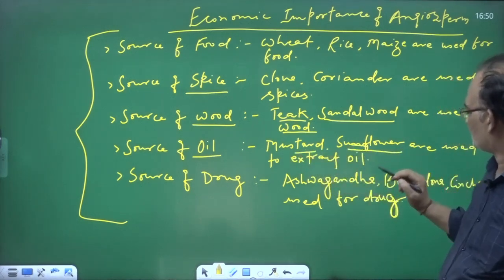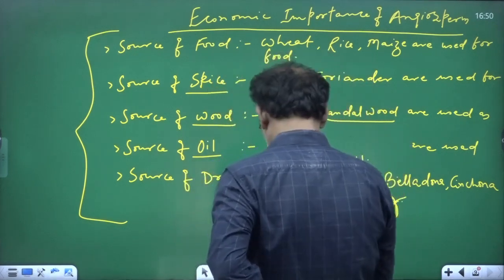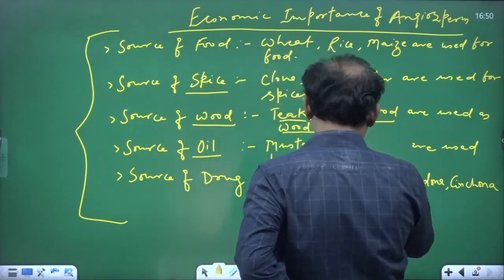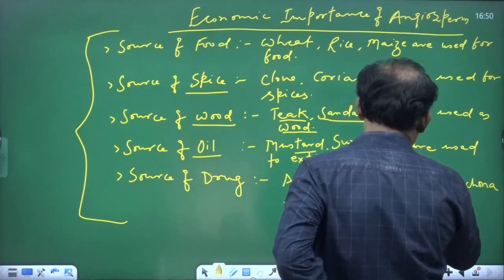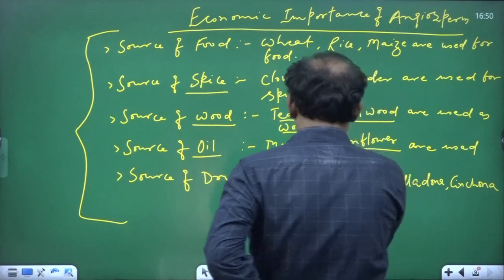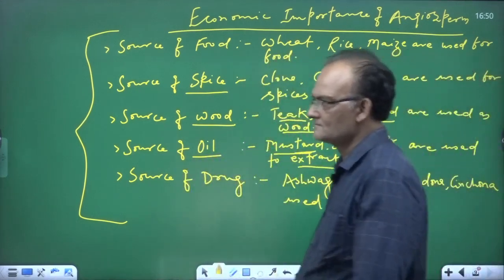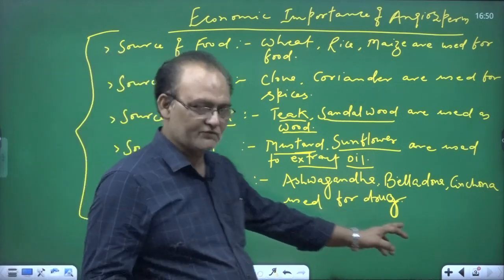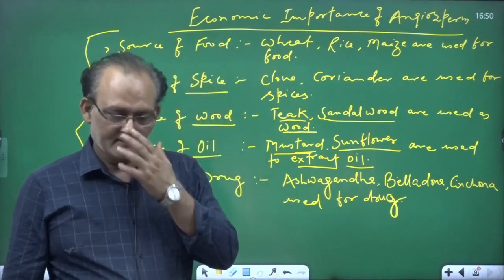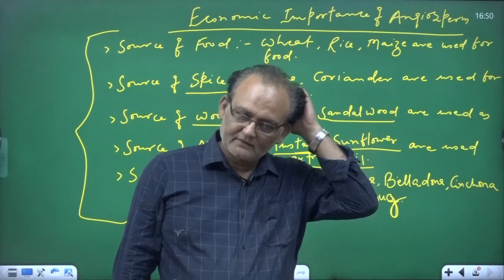Mustard and sunflower are used to extract oil. Ashwagandha, belladonna, cinchona are used for drugs. So these are some of the economic importance of angiosperms.